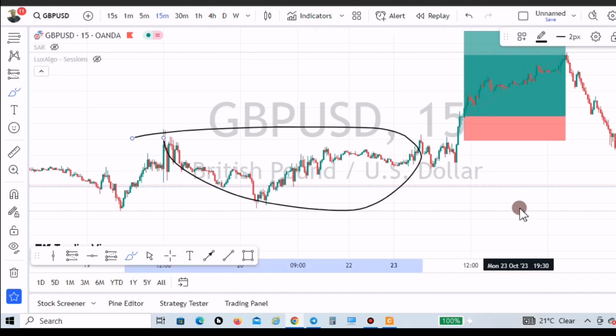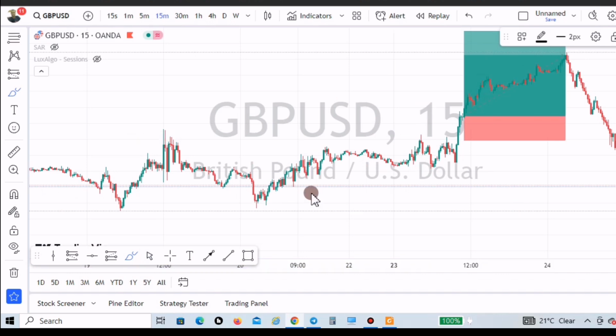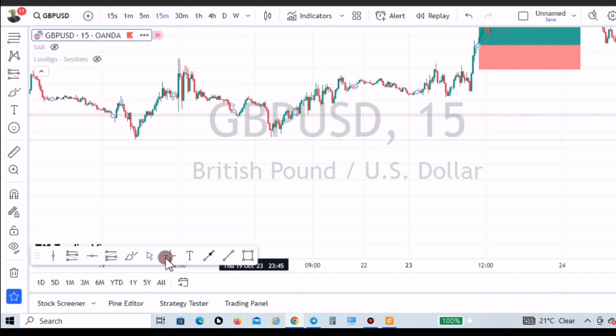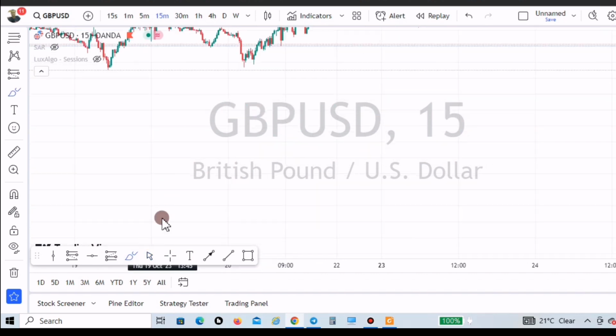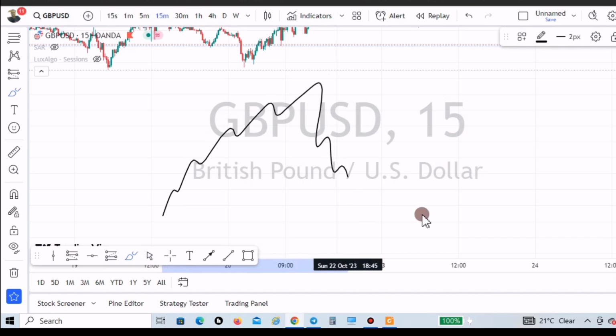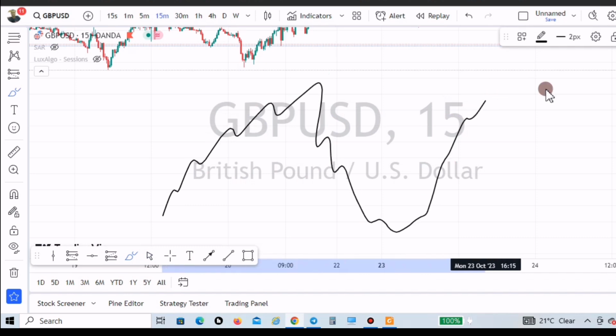There's nothing much that you can use to draw conclusions on whether to buy or sell. So what you need to do, traders, is to find a time frame that is going to give you something like this: a clear move of the market.